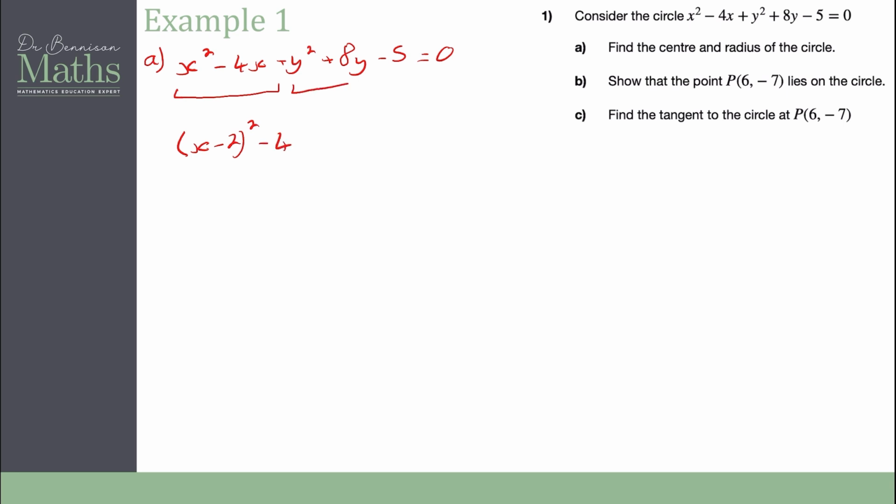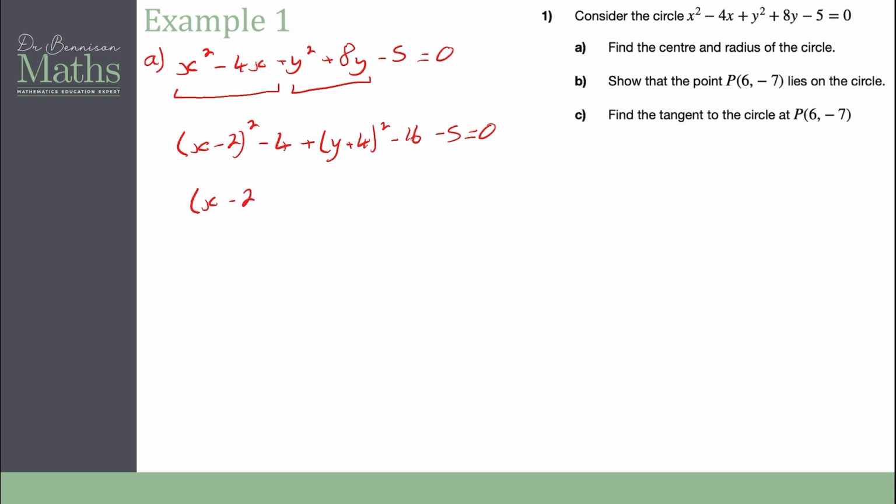Now I complete the square on my 2 y terms. And then I rearrange into canonical form, so all the just numbers need to move to the other side of the equal sign.